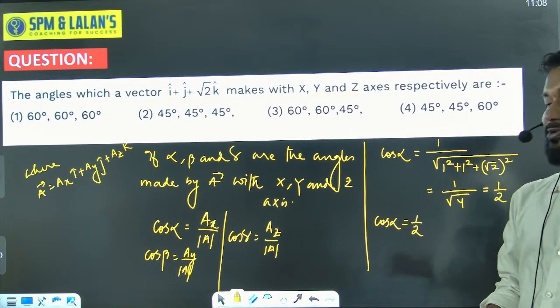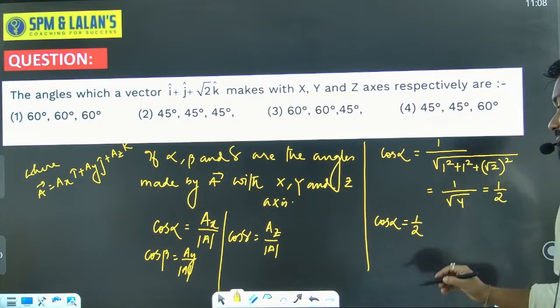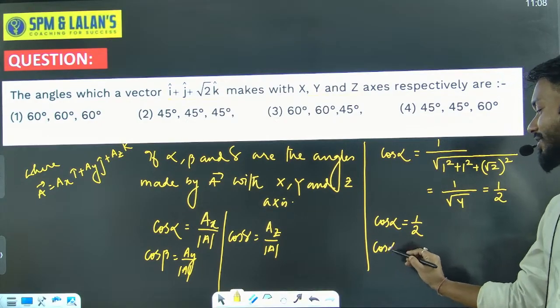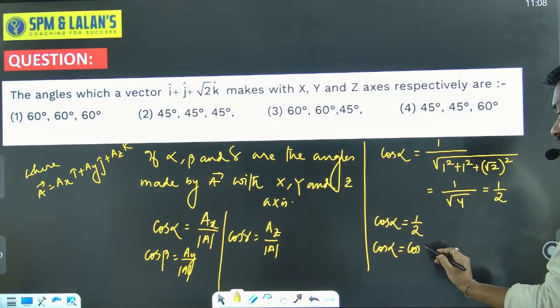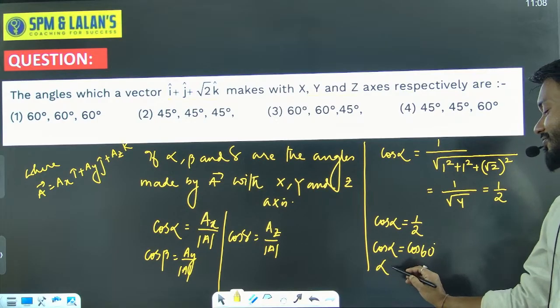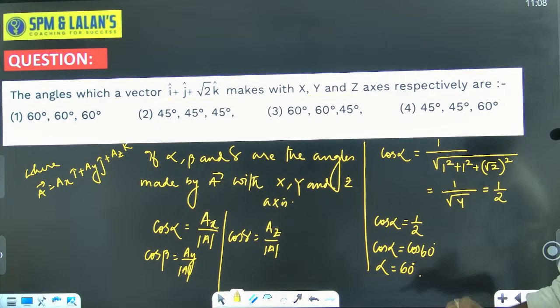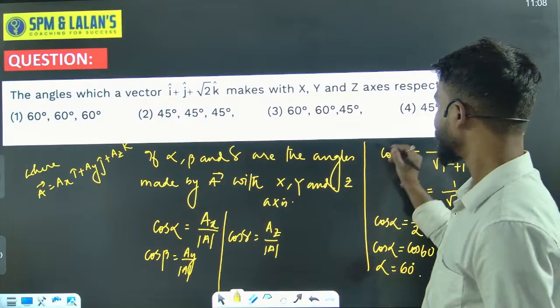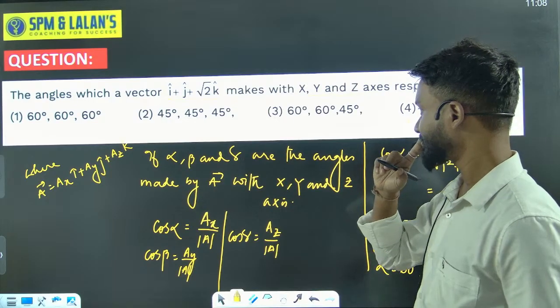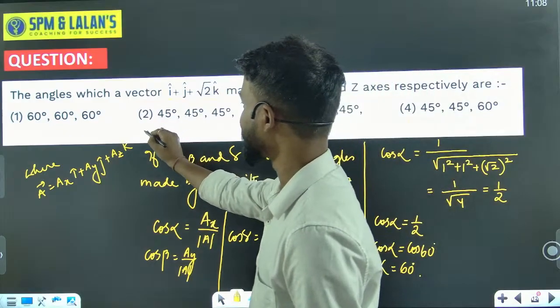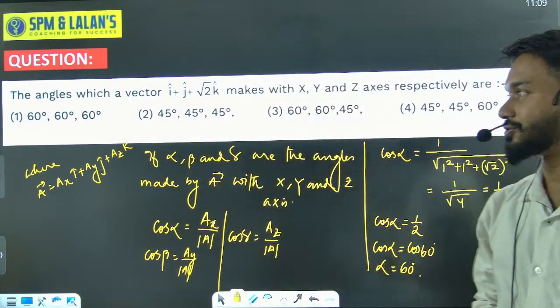So cos alpha is 1 by 2, which means cos 60. So alpha is 60 degrees. So this cannot be the answer. Answer will be either of these two.